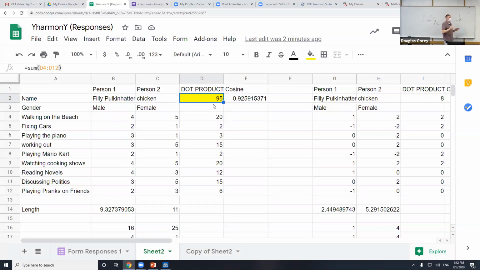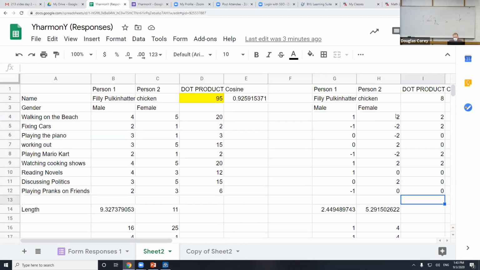So let's change things, okay? Instead of a scale of 1 to 5, let's go -2 to 2. So that's what I did over here on the right. So see, lots of 2s and -2s because the chicken loves it or hates it, okay? And Philly, yeah, it's kind of in the middle of lots of things.